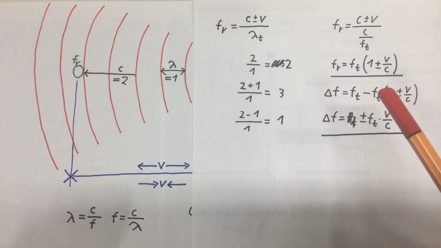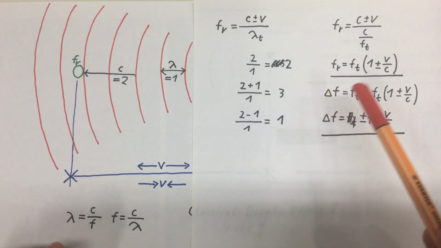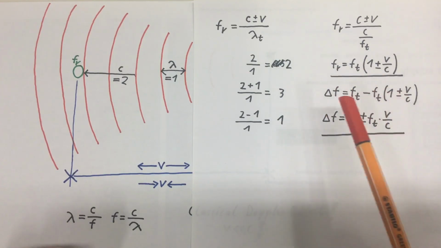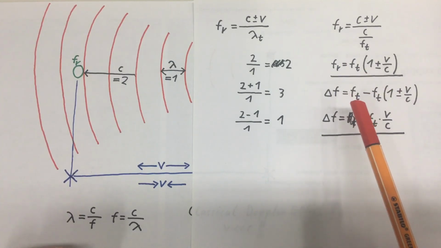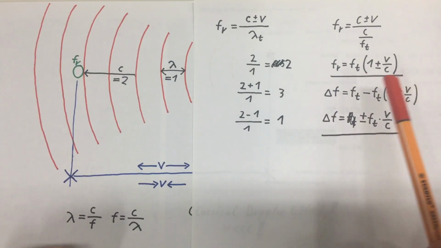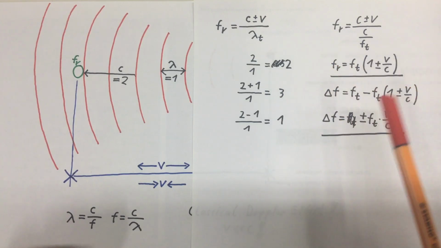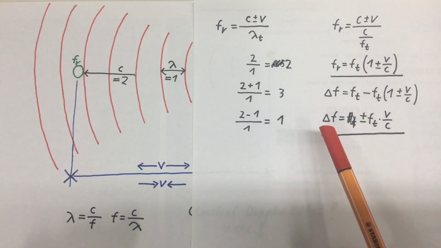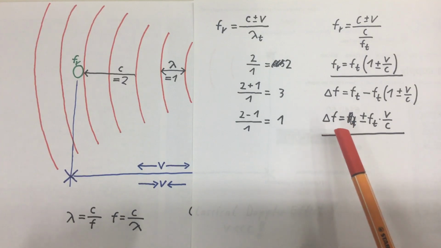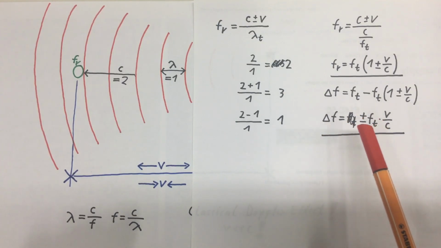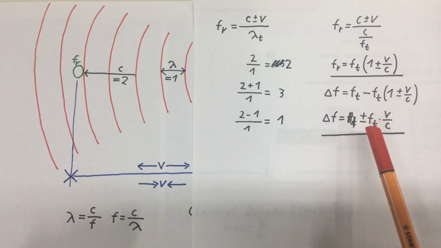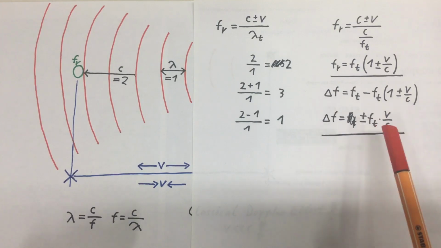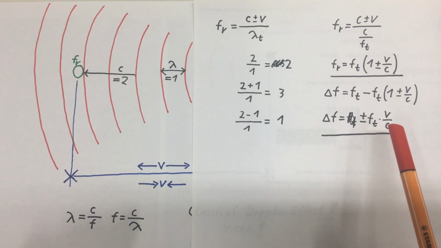If you just want to know the difference between the transmitted and the received frequency, so the delta f, then you simply take the transmitted frequency minus the received frequency from here, rearrange that a bit, and you arrive at that formula. So delta f is equal to plus minus, that should be minus plus, the transmitted frequency times our relative velocity divided by the speed of our waves.